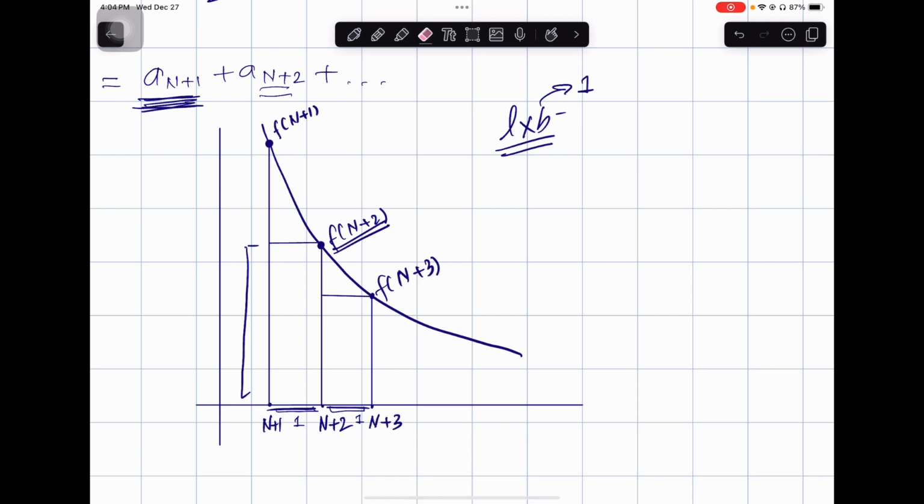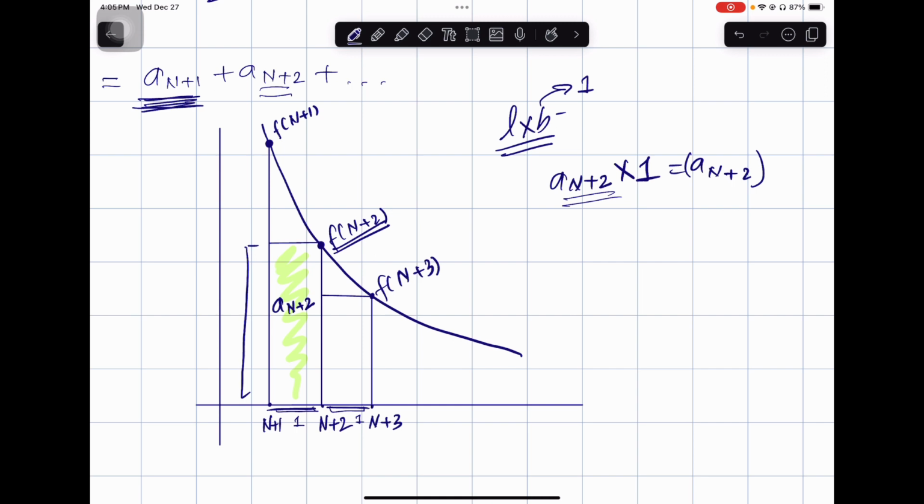So the area would be a_(n+2) times 1, which is a_(n+2), right? So the area of this rectangle would be a_(n+2).